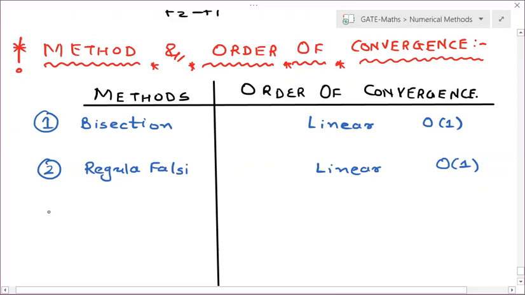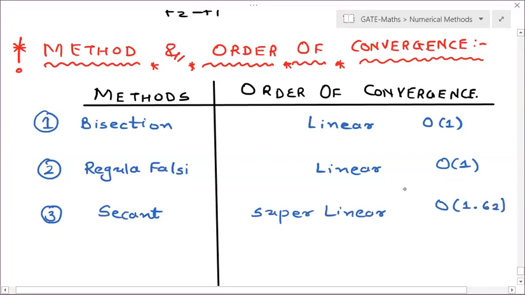The third method is the second method. In the second method, the order of convergence is good, but what is its disadvantage? You cannot rely on it. Its order of convergence is superlinear, and its order of convergence is 1.62.